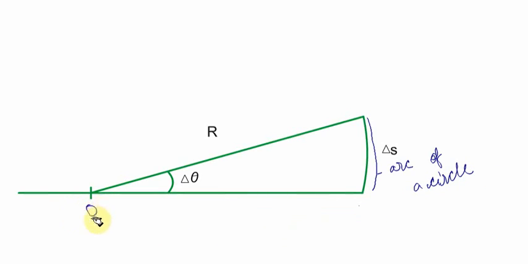Let's say this O. So an object travels from point A to point B, making an arc, the length of which is delta S. R is the radius of the circle. So as we can see here, this arc makes an angle delta theta at the center. So we can say that the angular displacement of the object when it moves from point A to point B is delta theta.